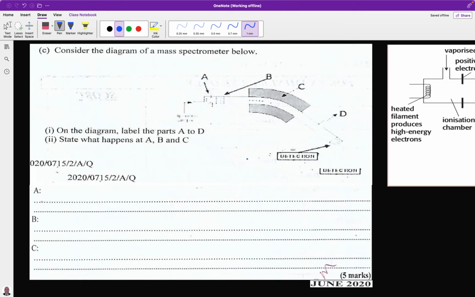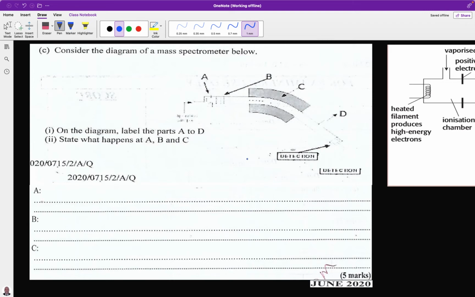Especially, it is used to determine the relative isotopic mass. It is also used to determine the relative abundance of isotopes, the relative atomic mass, and the relative molecular mass. And above all, it is used to determine the structural formula of compounds in organic chemistry.